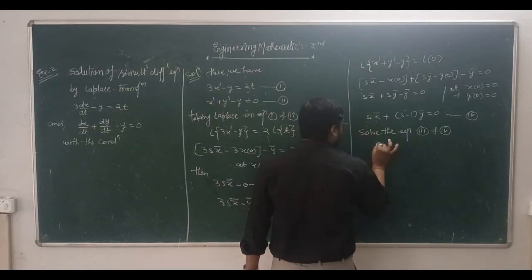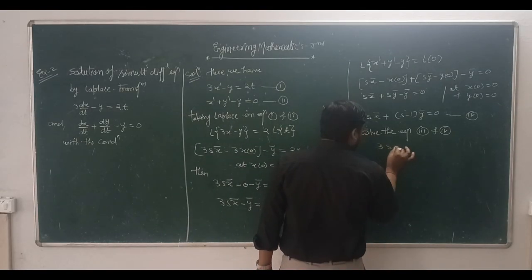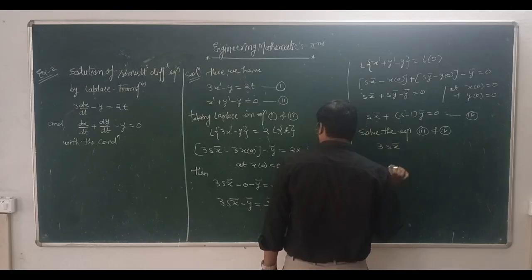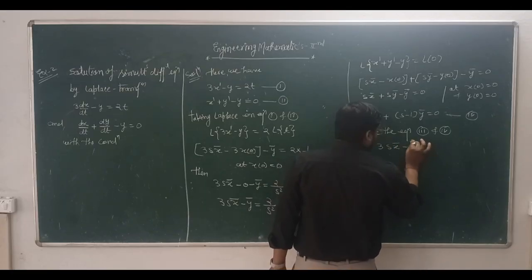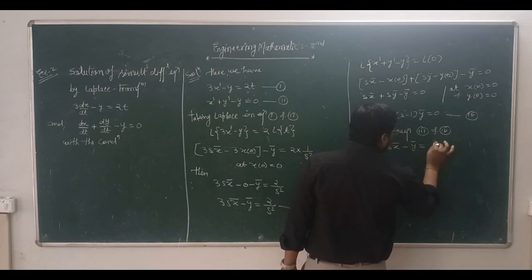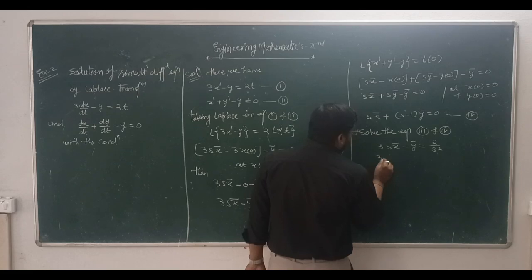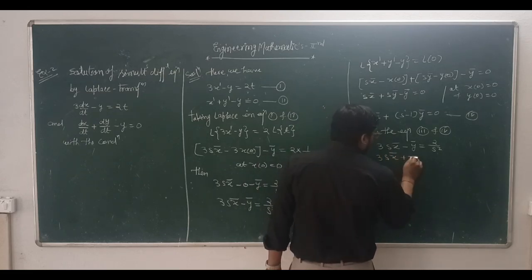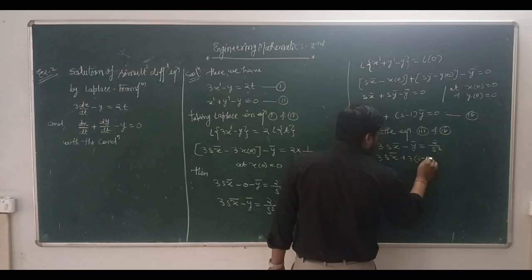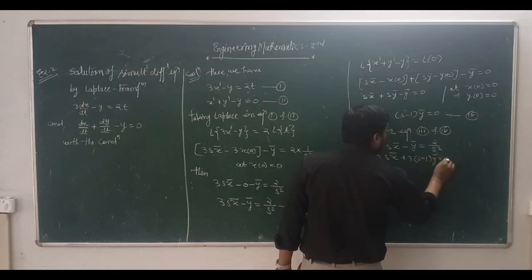This means 3s Laplace of x minus Laplace of y is equal to 2 upon s square. Now I can multiply the fourth by 3: 3s Laplace of x plus 3s minus 1 Laplace of y is equal to 0.